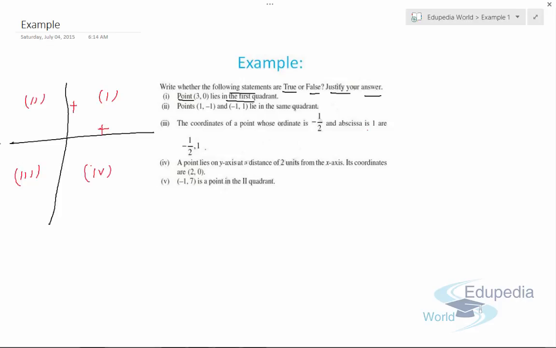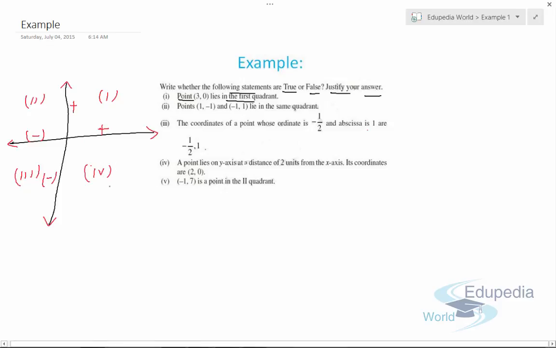In the second quadrant, x is in the negative direction and y is in the positive direction. In the third quadrant, x is in the negative direction and y is also in the negative direction. And in the fourth quadrant, x is in the positive direction and y is in the negative direction. So this is the structure of the quadrants.